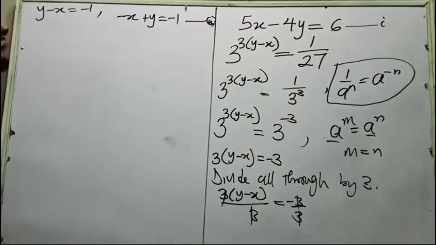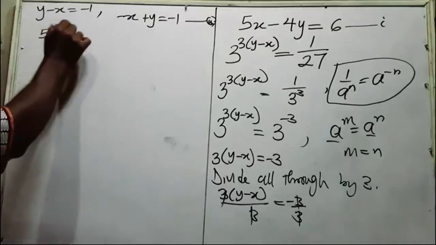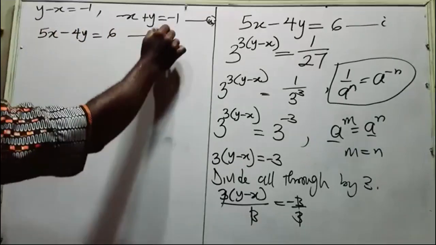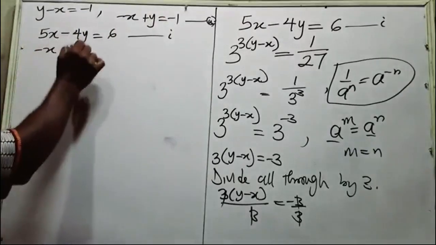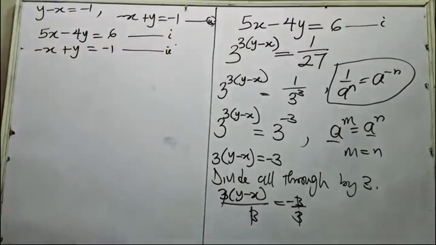So let's combine the two equations together: 5x minus 4y is equal to 6, equation 1, and minus x plus y is equal to minus 1, equation 2. You can use two methods to solve simultaneous equations: the substitution method and the elimination method.